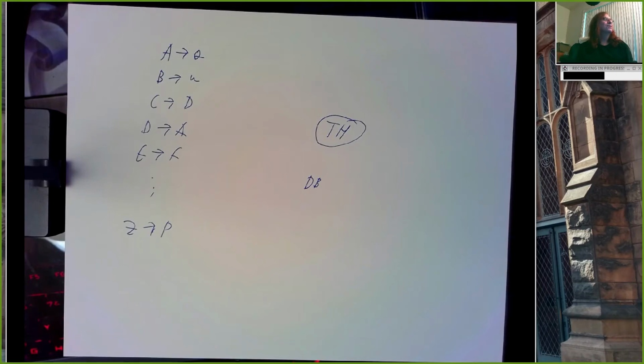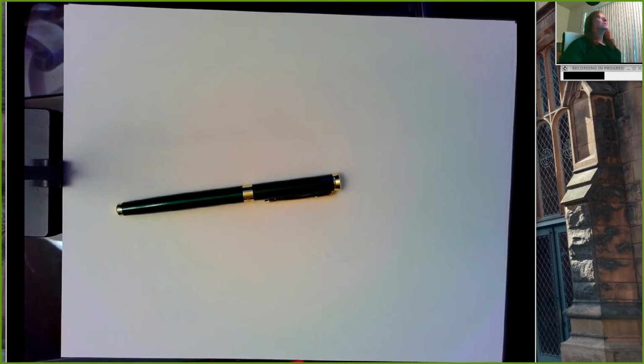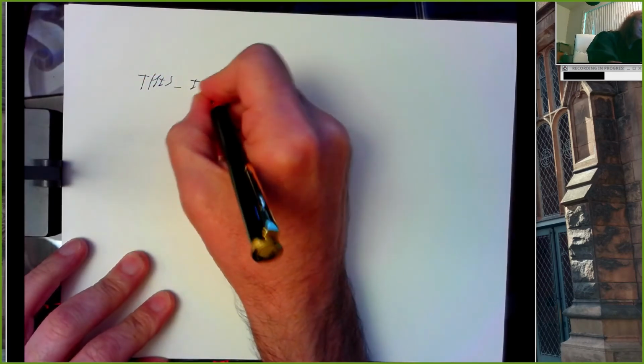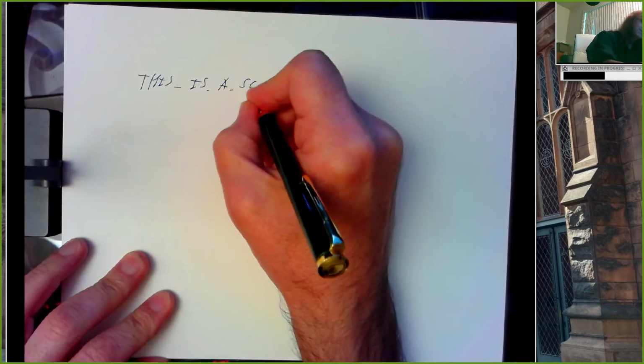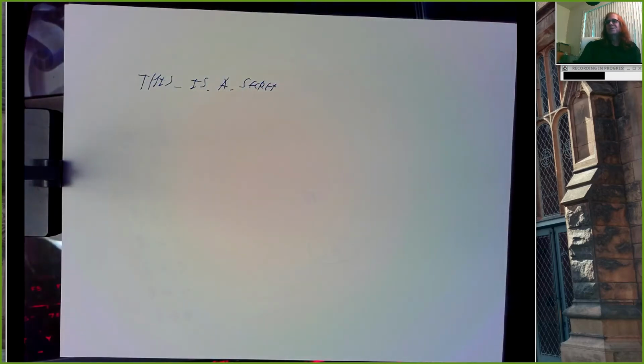All right, so there are other versions of ciphers like this. We can do a permutation cipher. And you know, this is a secret. A simple permutation cipher, well, you define some sort of block size.